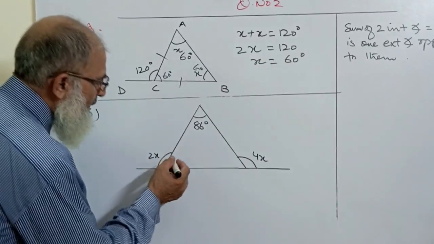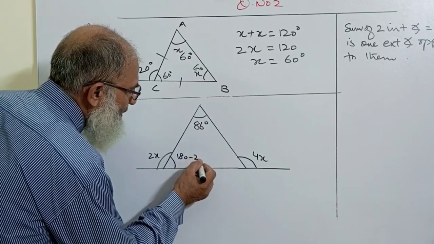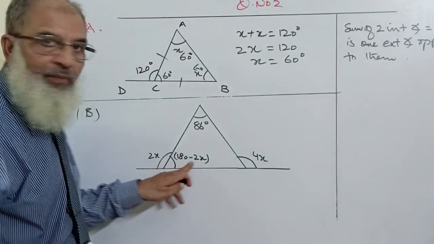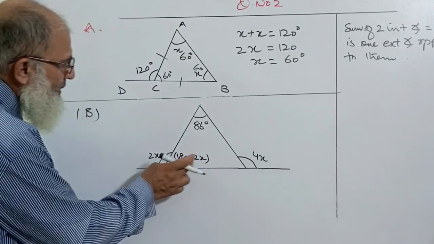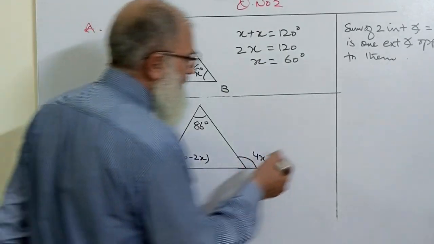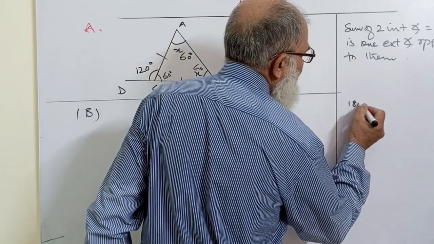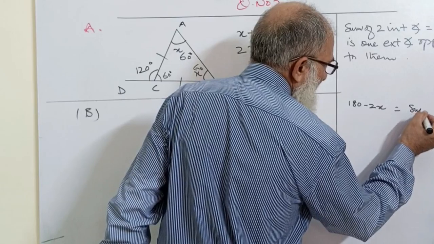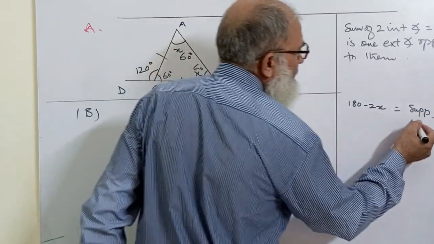So let us suppose that this angle is 180 degrees minus 2x. 180 minus 2x, this is the supplementary angle, and we have to use the supplementary angle now. This is the supplementary angle of 2x.